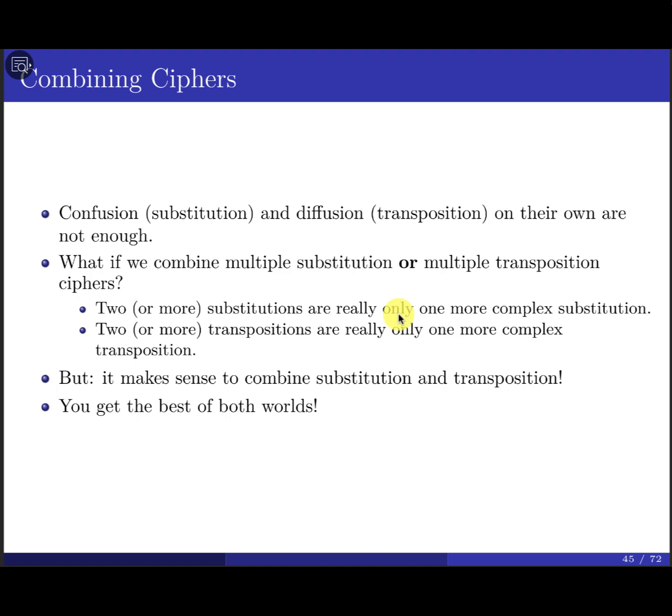So what if we combine multiple substitutions or multiple transpositions? For example, I will use S for substitution. I have a substitution algorithm, I use this one. Then the input, for example, the message, and this is the key that you use, let's say shift by 3 or whatever. Then after that, there's one stage. Then I apply another substitution.